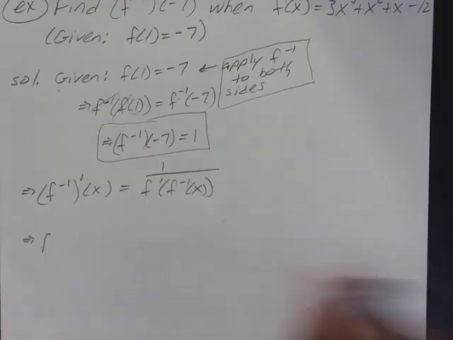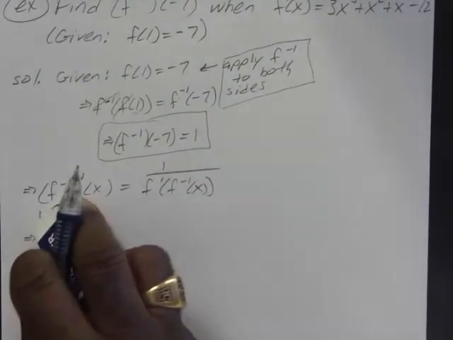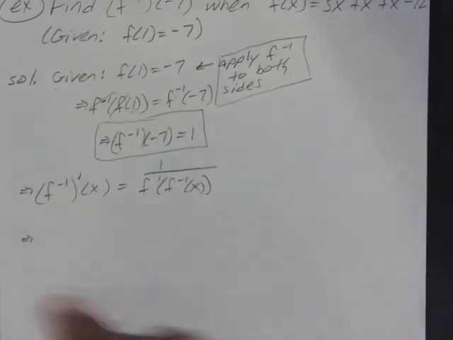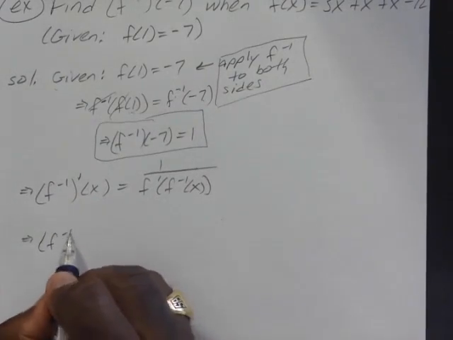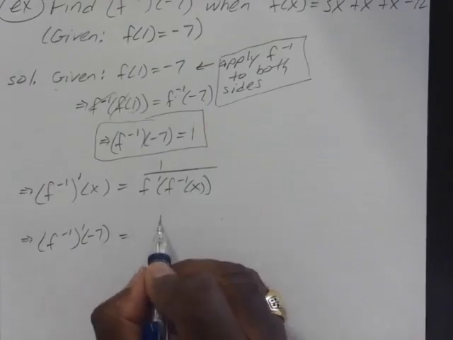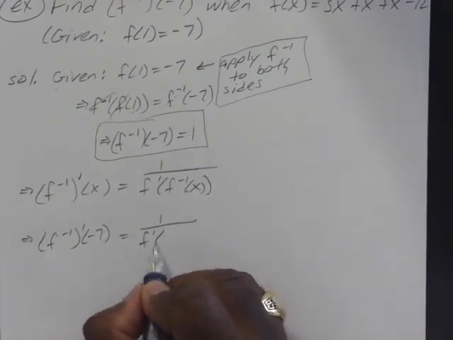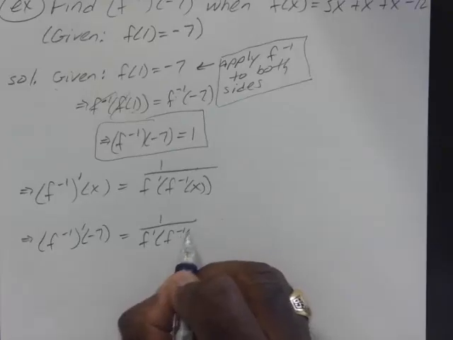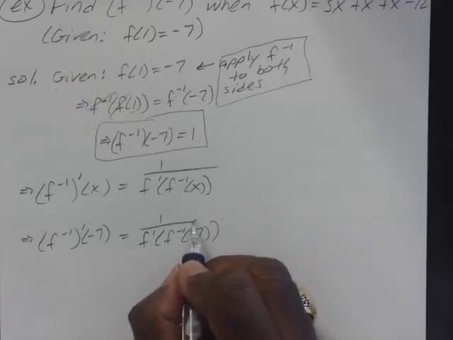So that means our f inverse prime of negative 7 is equal to 1 over f prime of f inverse of negative 7.